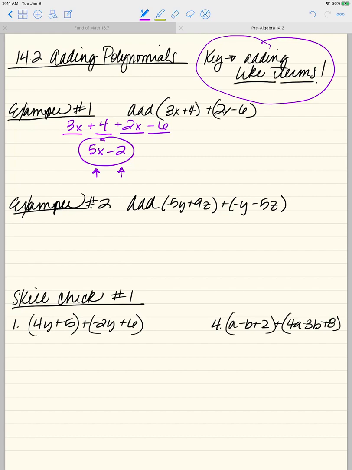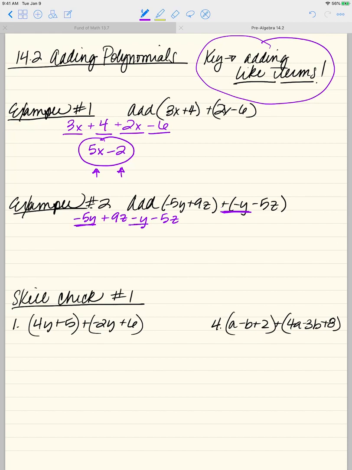Example number 2, we can just drop those parentheses again. Negative 5y plus 9z plus minus y. So you can write that as plus minus y, or you can just write a minus y, and then plus minus 5z is just subtracting 5z. Identify your like terms.